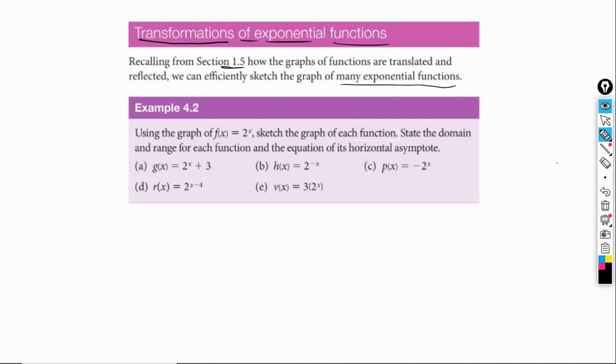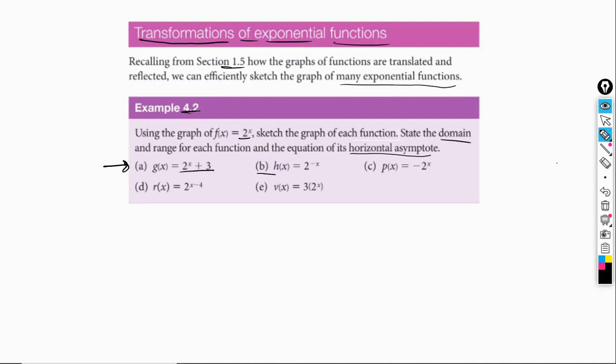So in example 4.2, they ask us to use the graph of f of x equals 2 to the x to sketch the graph of each function. State the domain and range for each function and the equation of its horizontal asymptote. So recall for letter A, this just means 3 units up for every y.